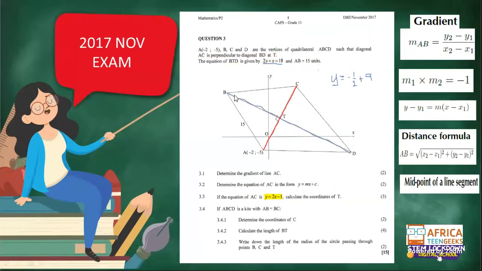So it's a point of intersection. So we're going to equate the equation of BD and AC and solve for X, because we'll only have one unknown. Okay, great. You're welcome.